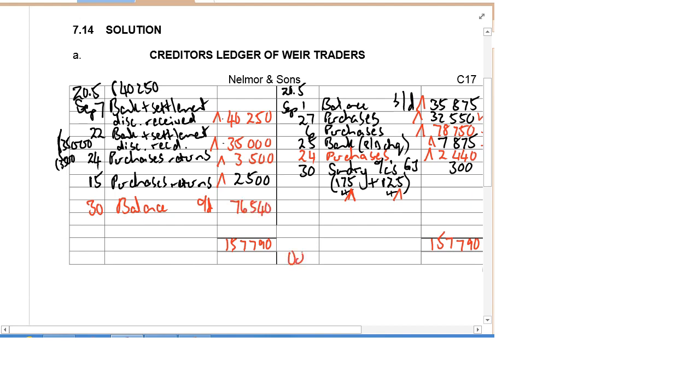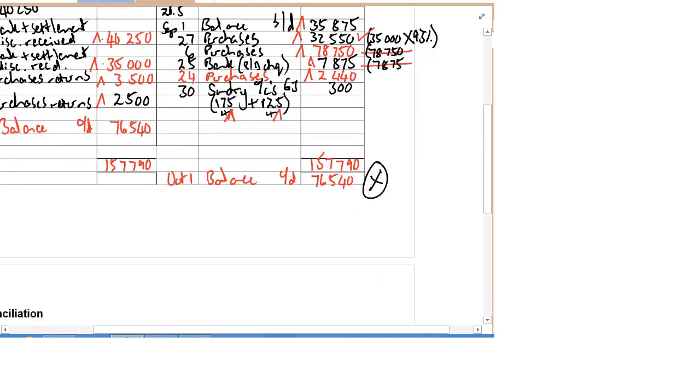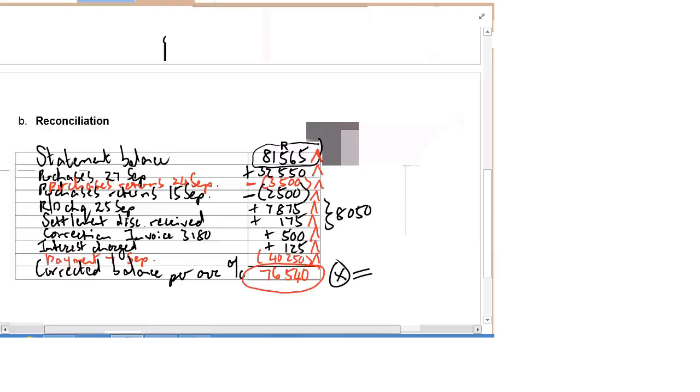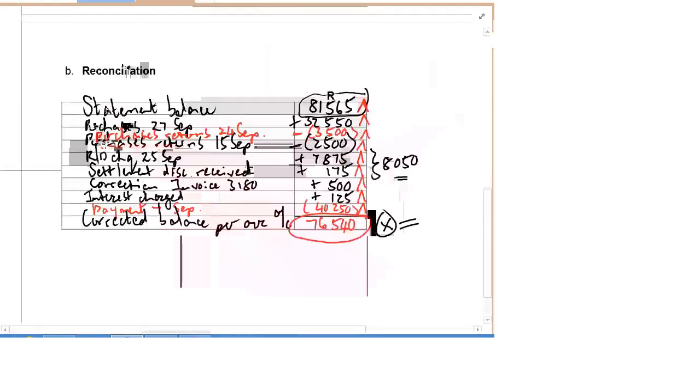So on the 1st of October, we'll have a balancing amount that we'll carry down of 76,540. And we're happy now because that 76,540 agrees to the 76,540 that we've put onto the reconciliation.